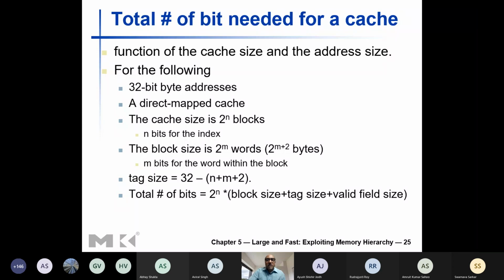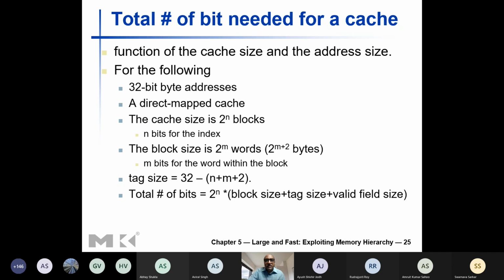Okay, now as I mentioned earlier, a cache contains the data, and as well as the data, it also contains some control information. So let us see how much control information the cache contains, or how to find out the total cache size, including the control information.